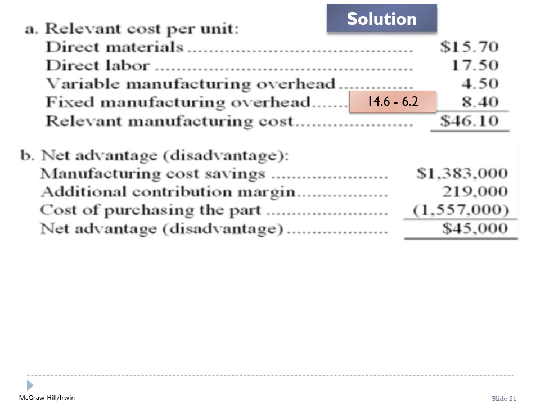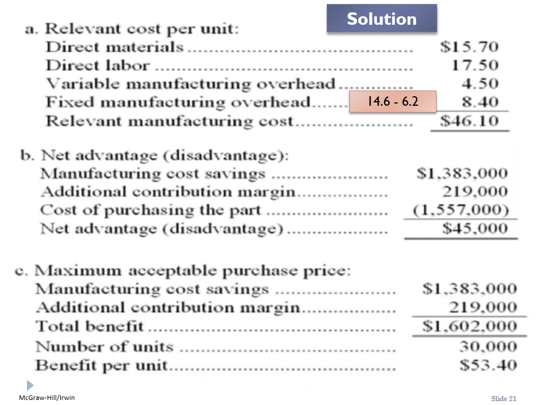Okay, let's answer the third question, which asks what is the maximum amount the company should be willing to pay an outside supplier per unit for the part if the supplier commits to supplying all 30,000 units required each year. To answer this question, we will do this report. Maximum acceptable purchase price.